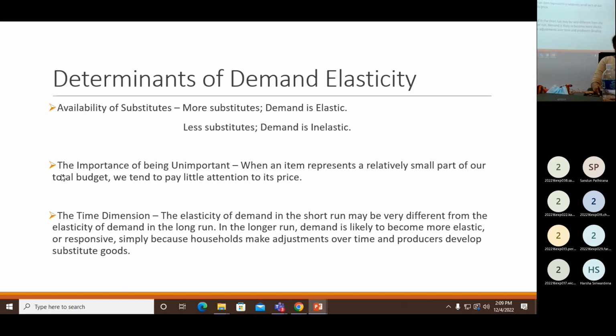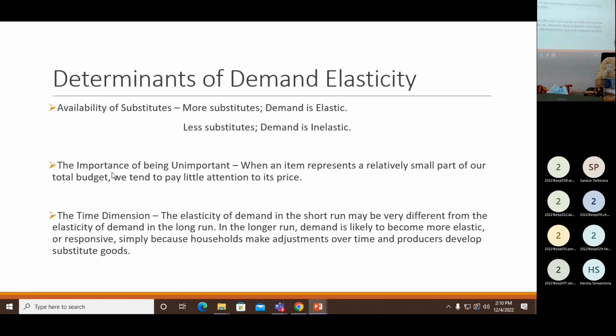The other point is the importance of being unimportant. What do you mean by that? Can you read this sentence and see whether you understand it? When an item represents a relatively small part of our total budget, we tend to pay little attention to its price.